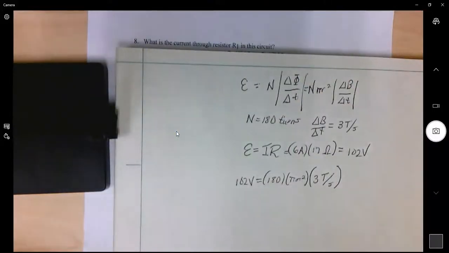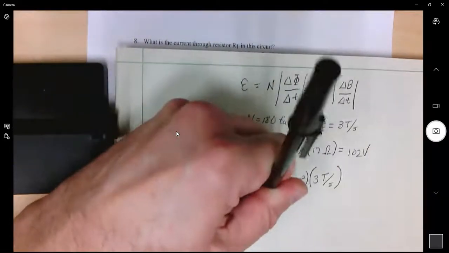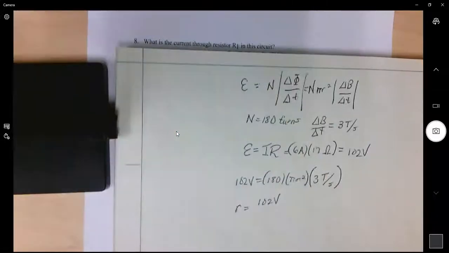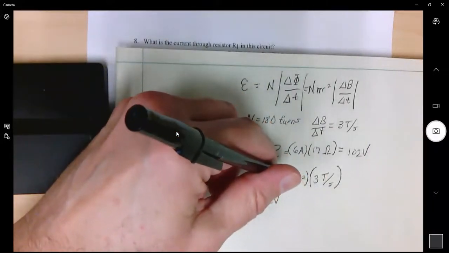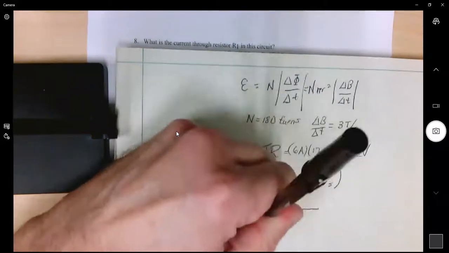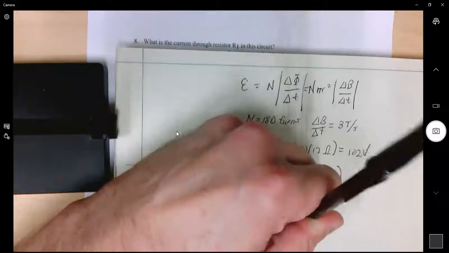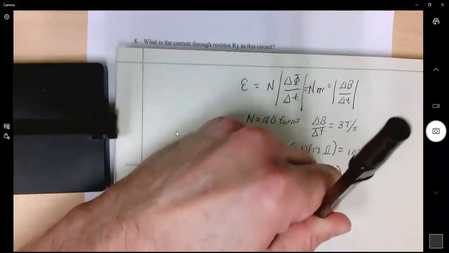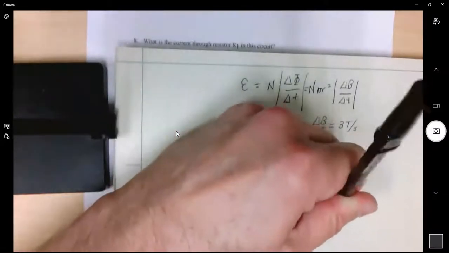Okay, so I just isolate r then. So r is equal to 102 volts divided by 180 turns divided by pi divided by 3 Tesla per second. And then let's take the whole square root of this entire quantity.